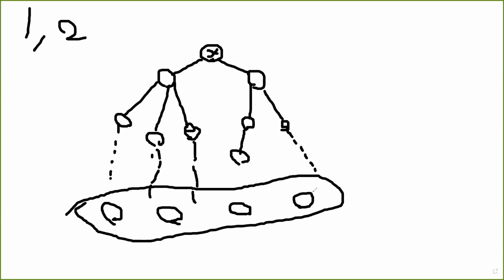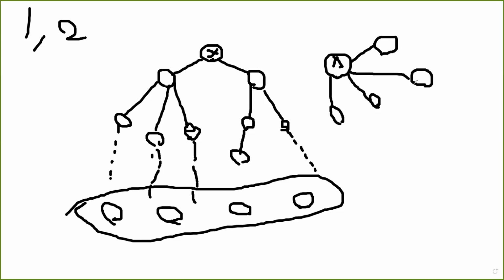Actually, it doesn't matter which leaf the first player chooses, because everyone will remove any leaf until we end up at something like this. That's the case left at the end, because everyone will remove any leaf until we are left with this, and then everyone will be afraid to leave X as a leaf, right?